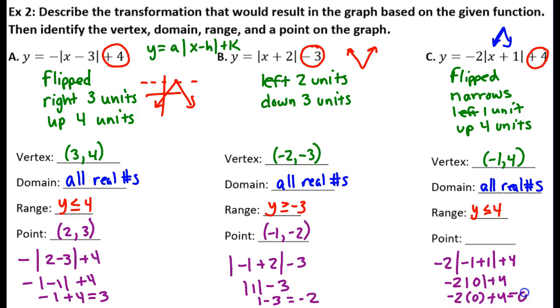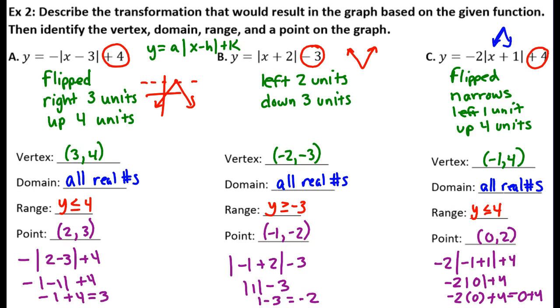Negative 2 times 0 is 0, 0 plus 4 is 4. So another point on this graph would be negative 1, comma 4, but we already selected that. So choose 0. When you put in 0, 0 plus 1 is 1, times negative 2 is negative 2. Negative 2 plus 4 is positive 2, so 0, comma 2.